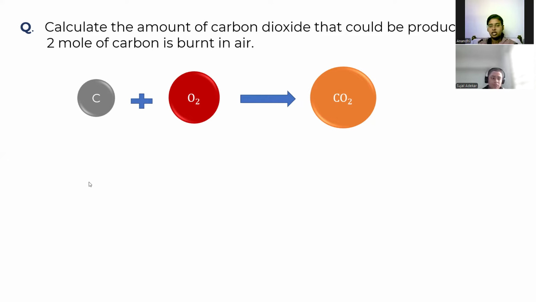So 1 mole of carbon is producing 44 grams of carbon dioxide. Therefore, 2 moles will produce 44 into 2, which is nothing but 88 grams of carbon dioxide.